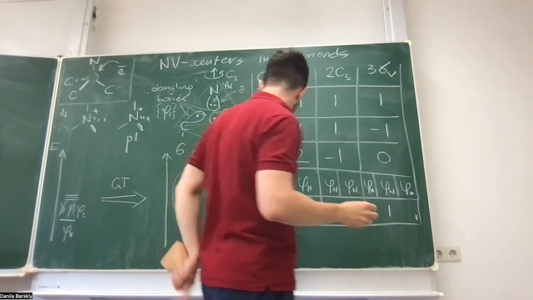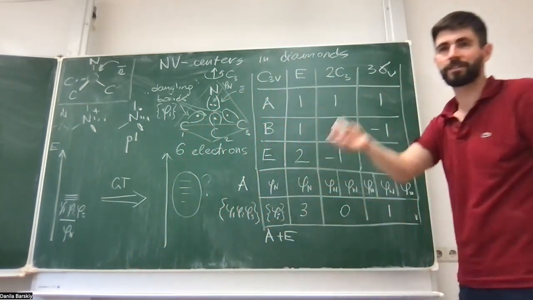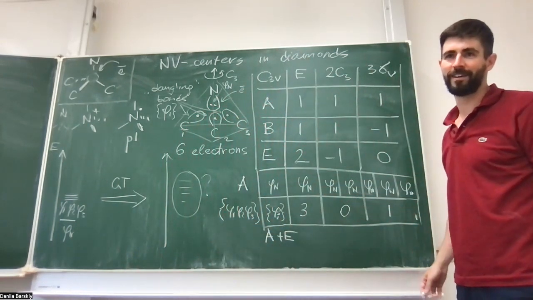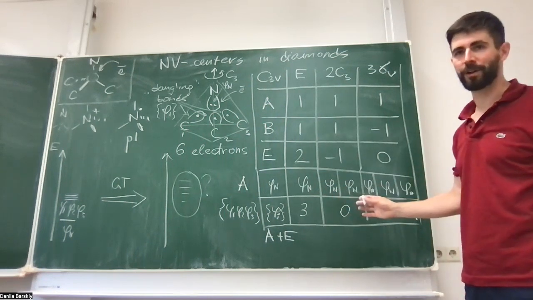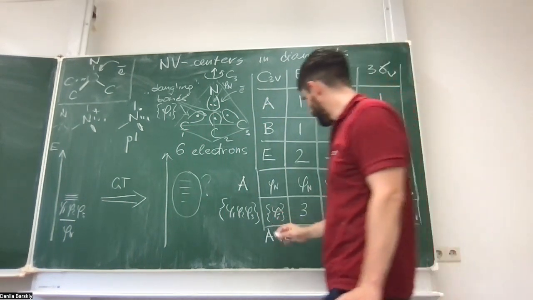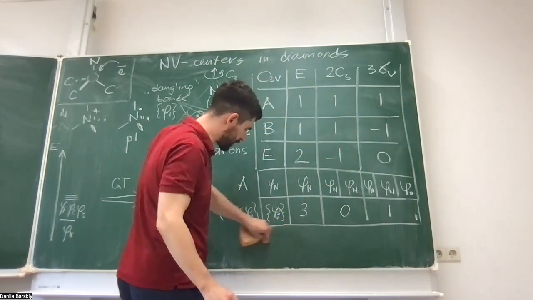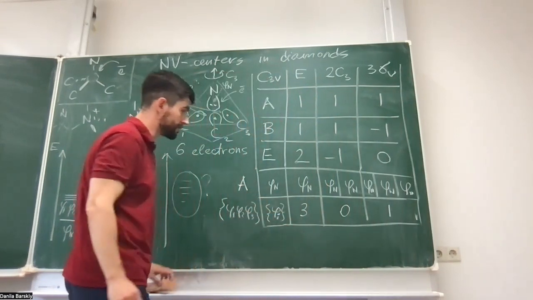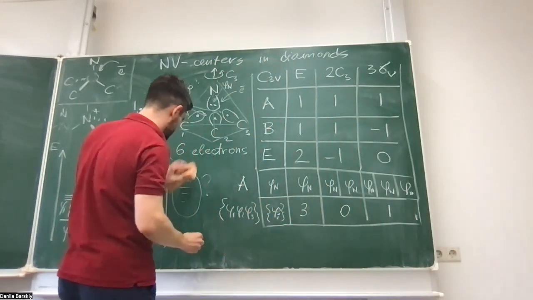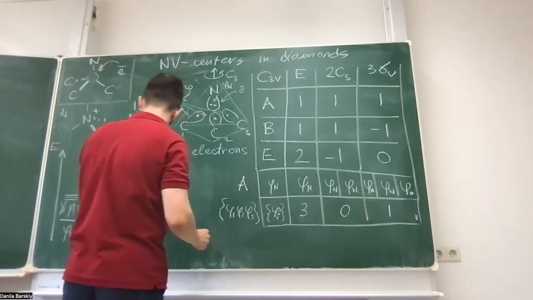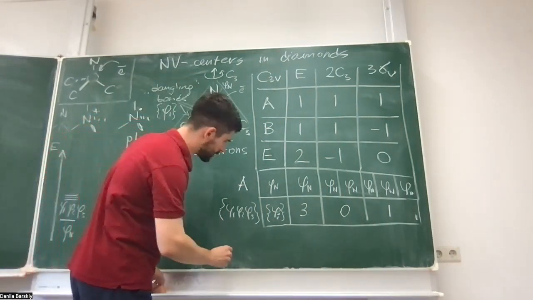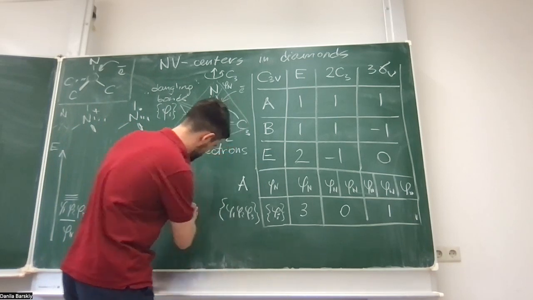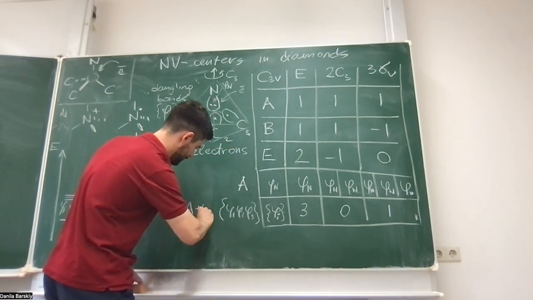Can you already tell me how they look? Actually, we did this exercise for ammonia, but we can repeat it here as well. So how do we find which combination is E and which combination is A? We do it like this. First, this should be E plus A.